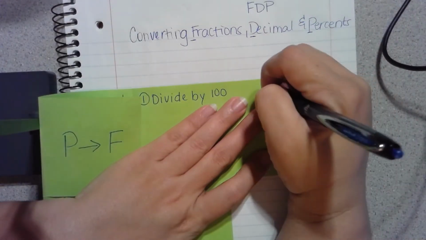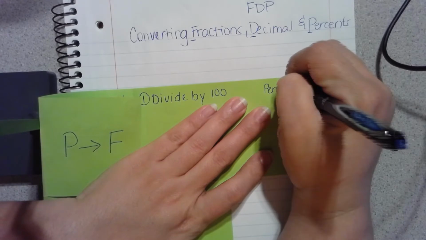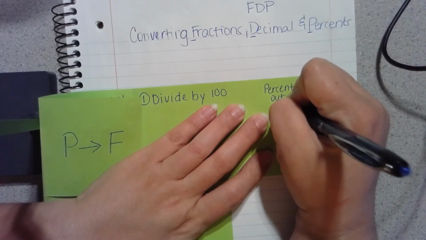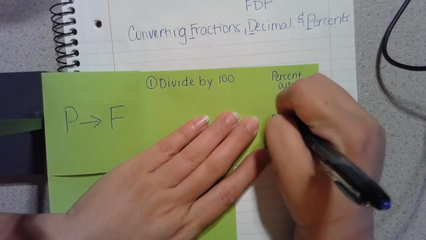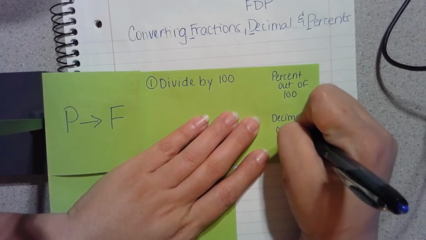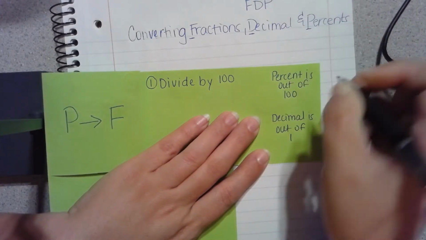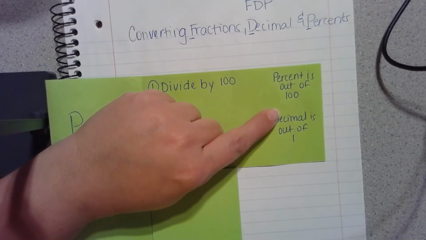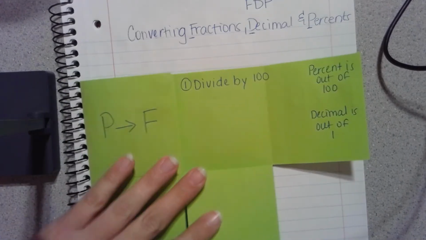Remember, percent is out of 100, and a decimal is out of 1. So to go from 100 to 1, mathematically, I want to divide by 100.